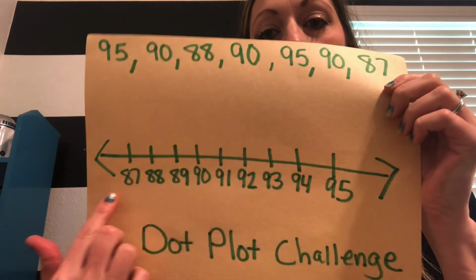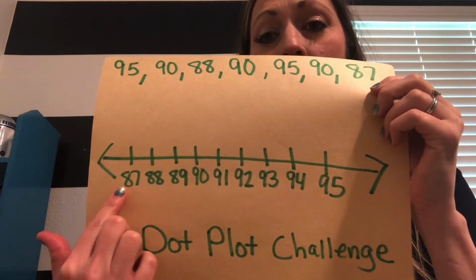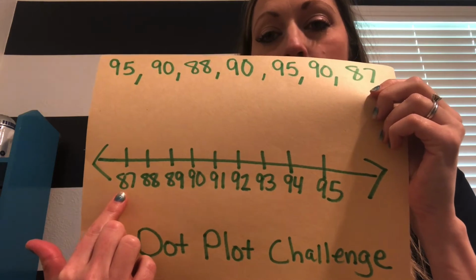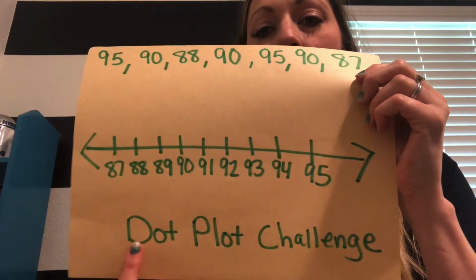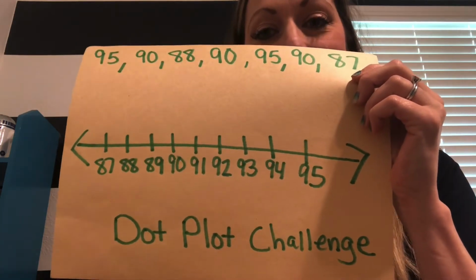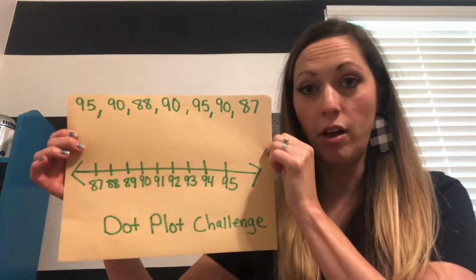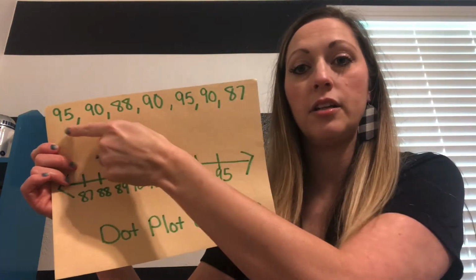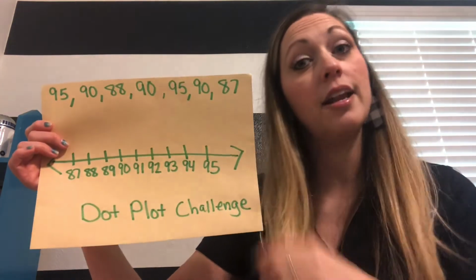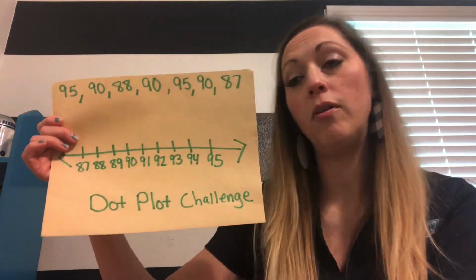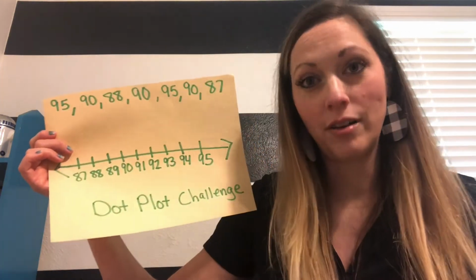I've already created my number line to represent the digits. So this is my least digit represented above, and this is my greatest digit. What I would like for you to do is draw this first. List the digits above, then create your number line, and then plot each dot where it should belong on our dot plot.